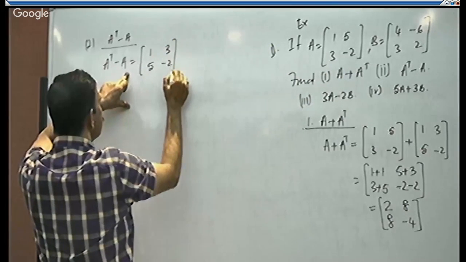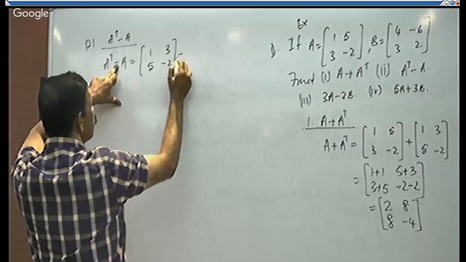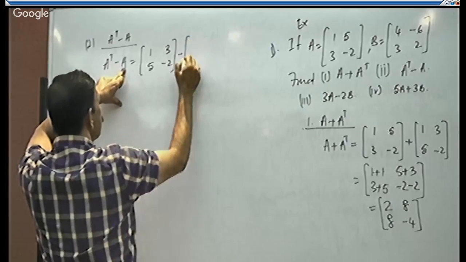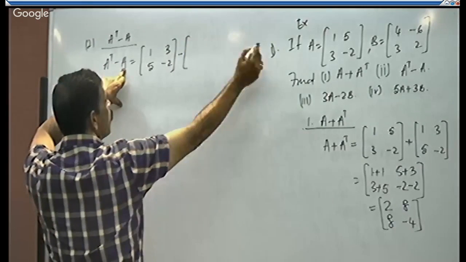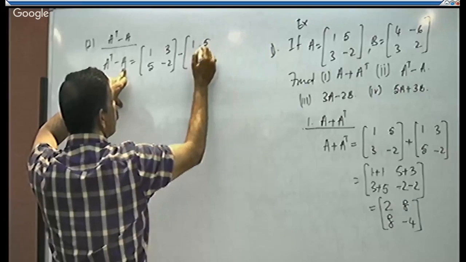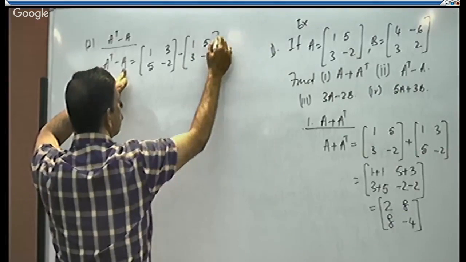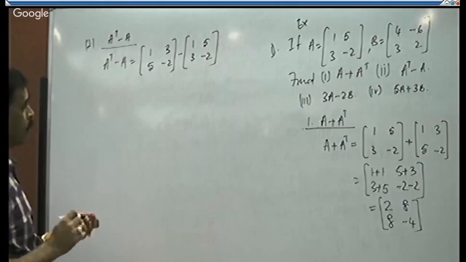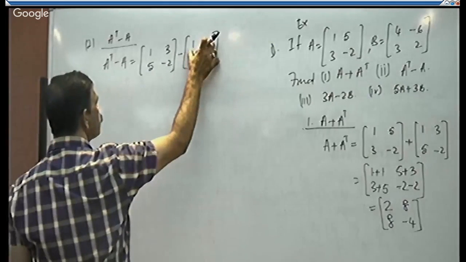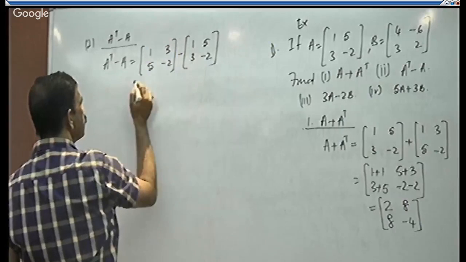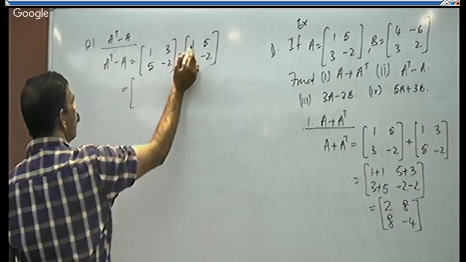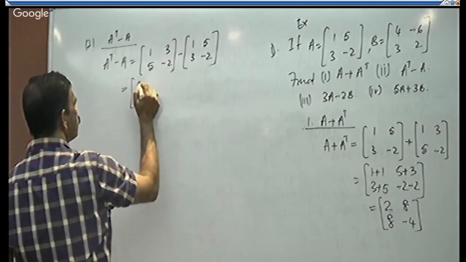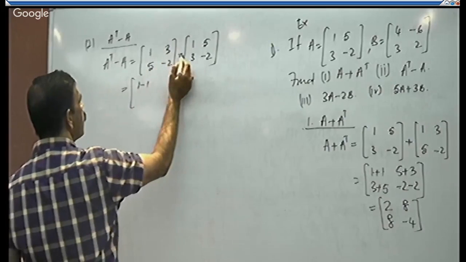Okay, this is A transpose. Next, what do we have? Minus. Then what do we have? A, write A. What is A? 1, 5, 3, minus 2. According to the symbol, you simplify it. We need to subtract this from this. The answer is what? 1 minus 1, 3 minus 5.